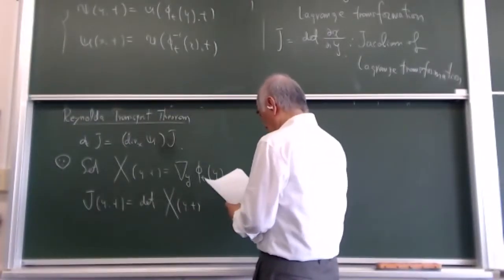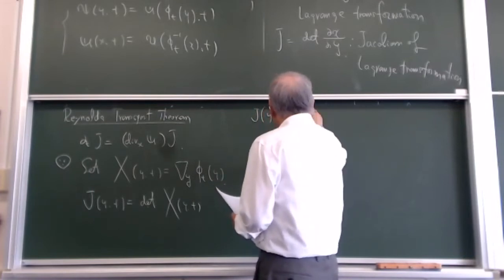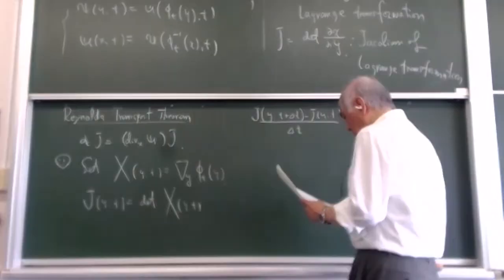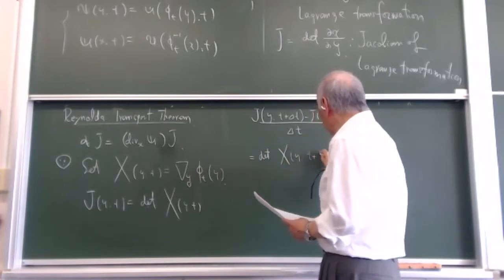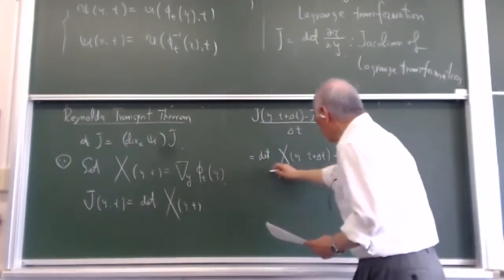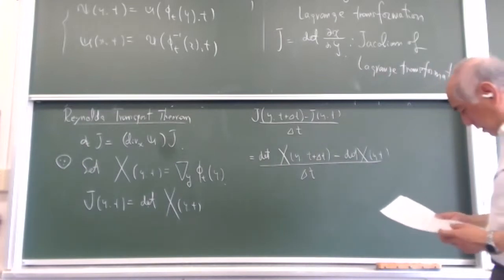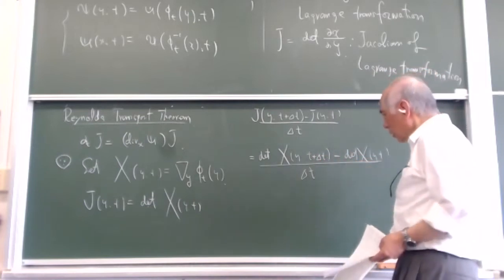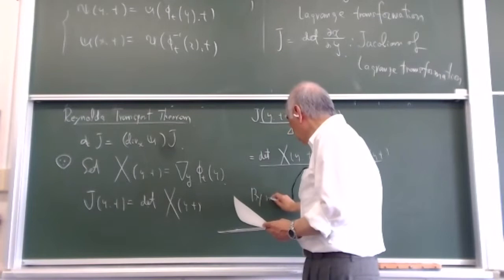And we consider, we have to consider the first approximation of this quantity with respect to delta t. Therefore, by the mean value theorem.